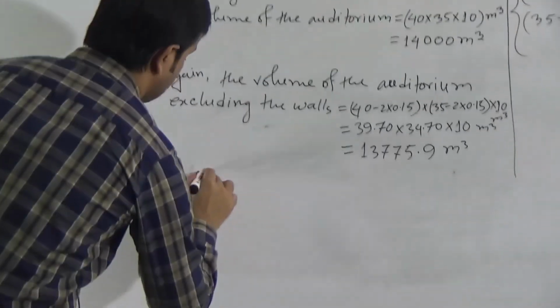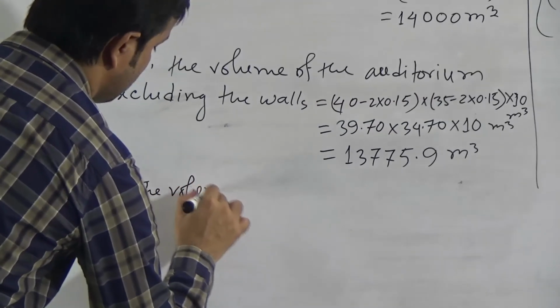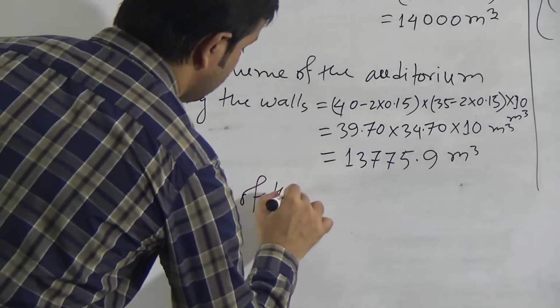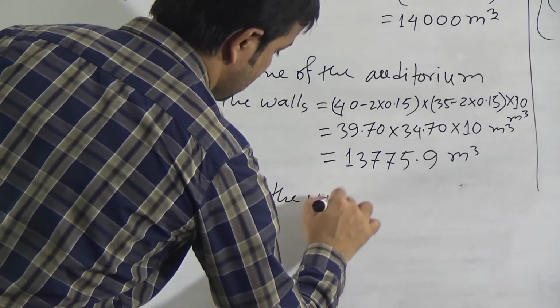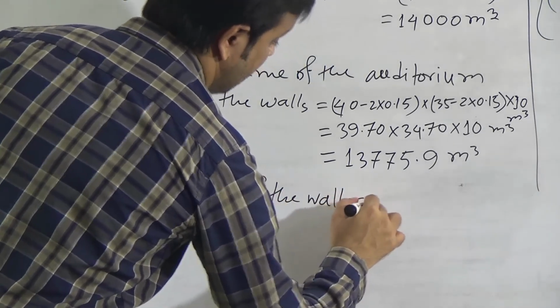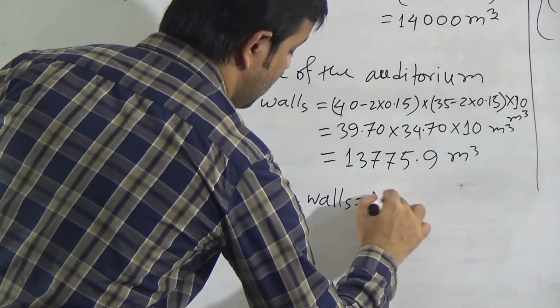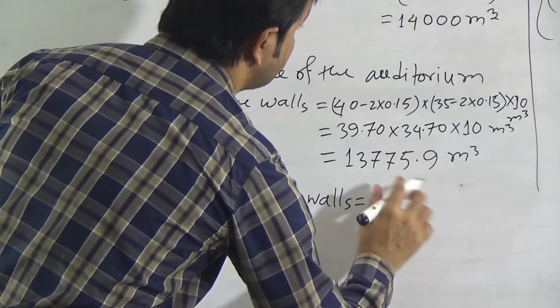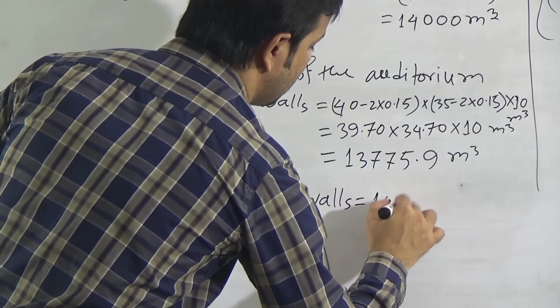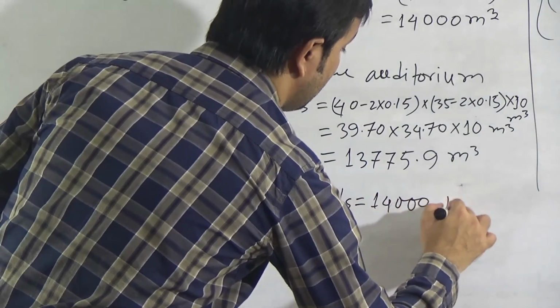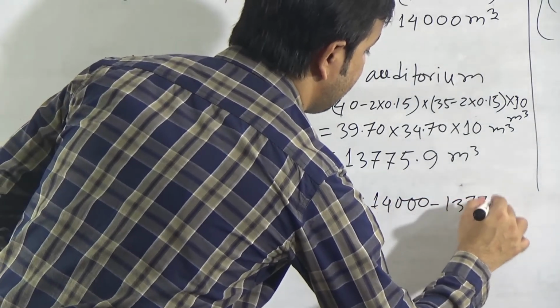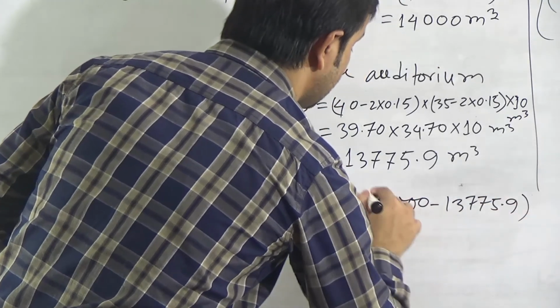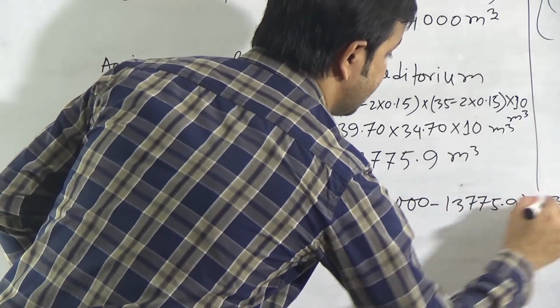Therefore, the volume of the walls will be equal to 14000 minus 13775.9 cubic meter.